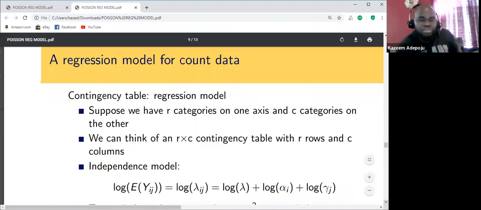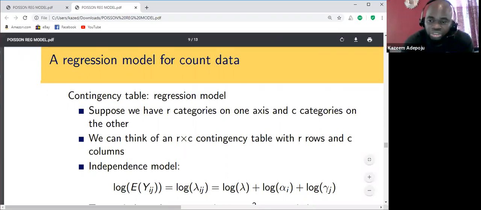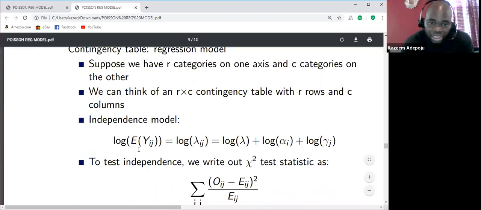Okay, so a regression model for count data. This is just when you have a contingency table, where the data set is cross tabulated, just like what I showed you before, with rows and columns. The log of the expected value of Yij, which is equal to the log of lambda ij, is equal to this.